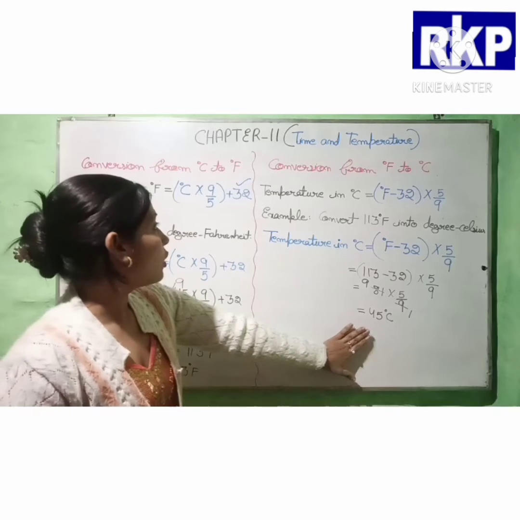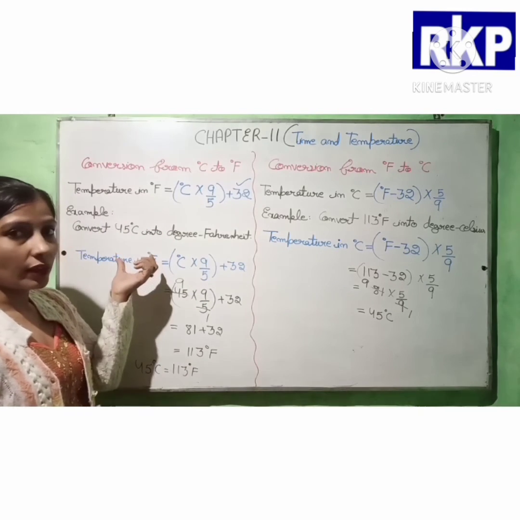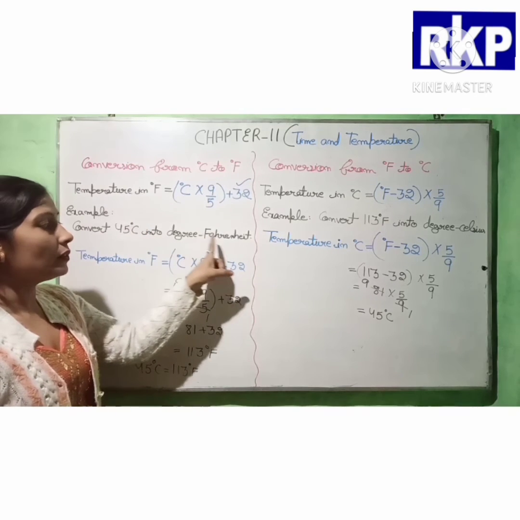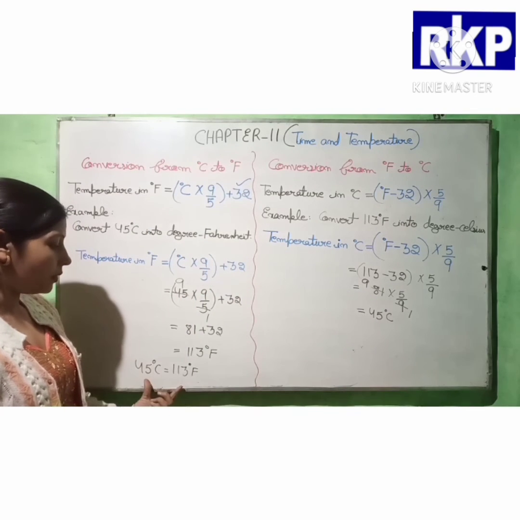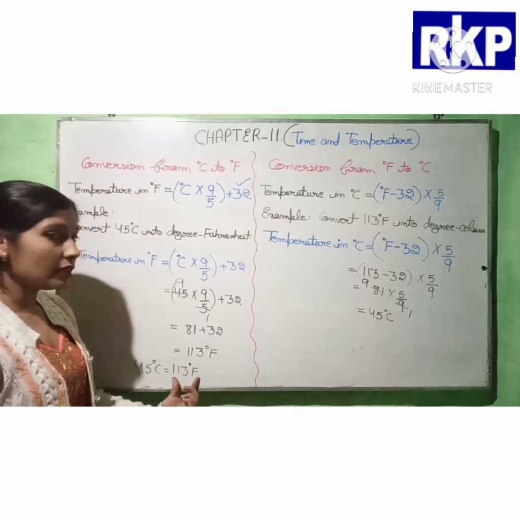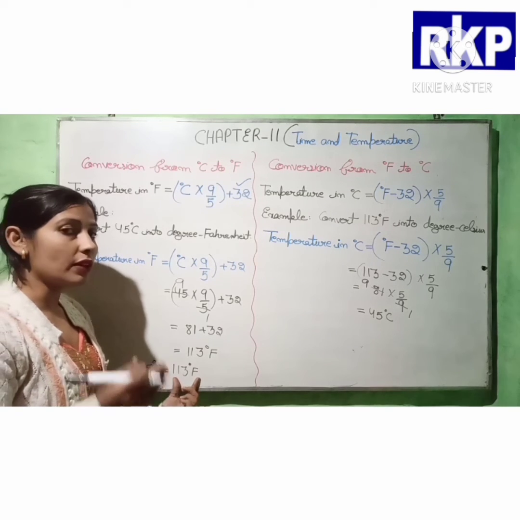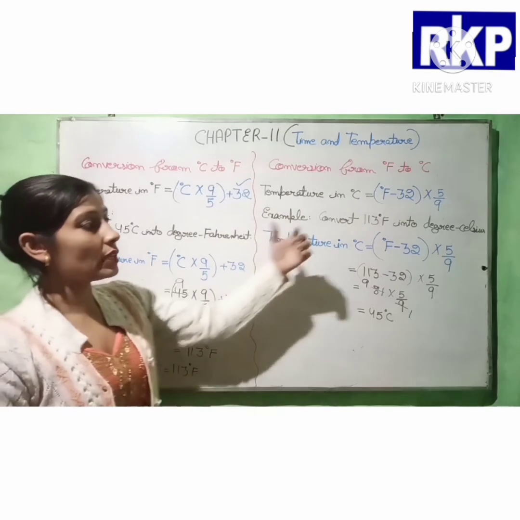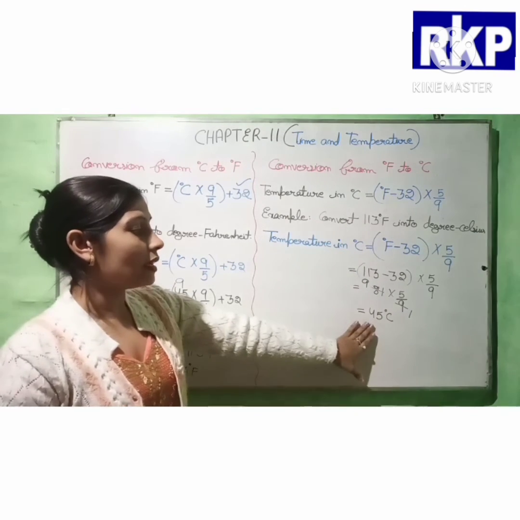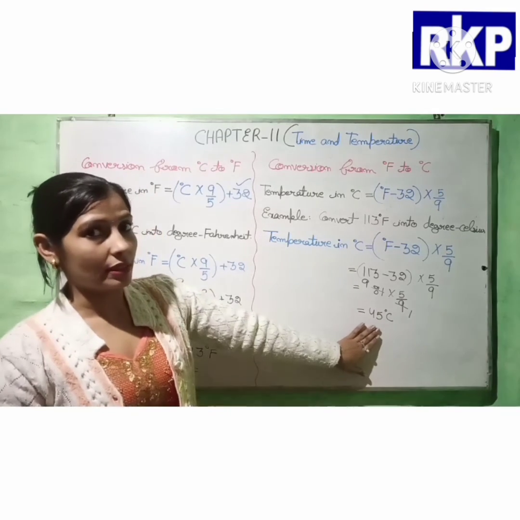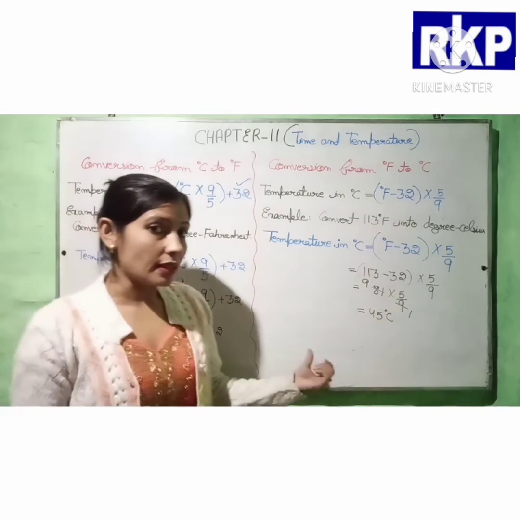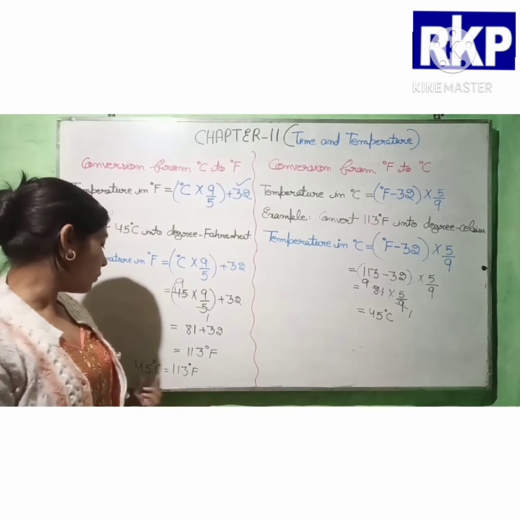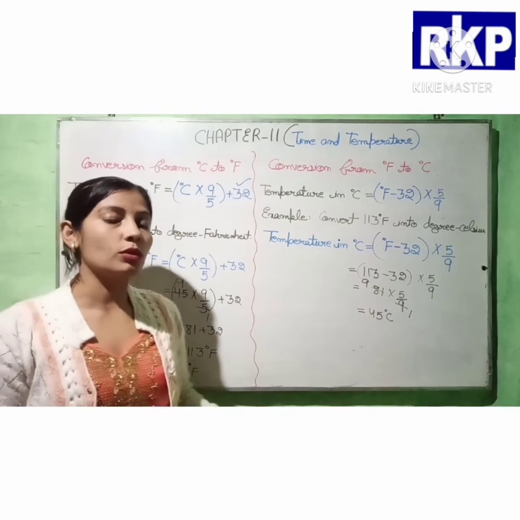So you can see when we convert 45 degree Celsius into degree Fahrenheit, we get 113 degree Fahrenheit, and when we convert 113 degree Fahrenheit into Celsius, we again get 45 degree Celsius. So we can say that 113 degree Fahrenheit and 45 degree Celsius both are same.